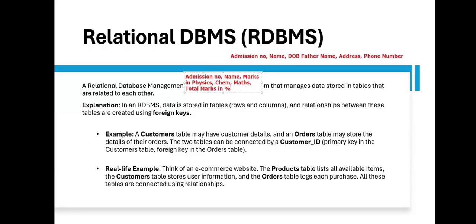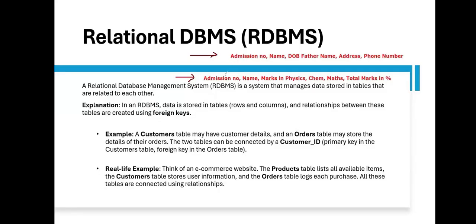So these are two different tables, and they have different details, but there is something common, that is admission number. So if a person is asking me the phone number of the topper, I will have to find the topper in the marks table, because the student table does not have any marks. So I will first find the topper and then I will find his phone number.